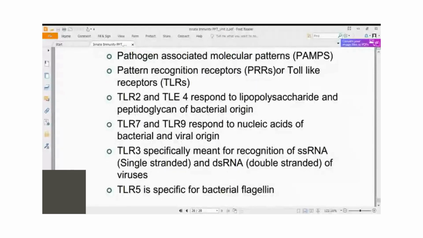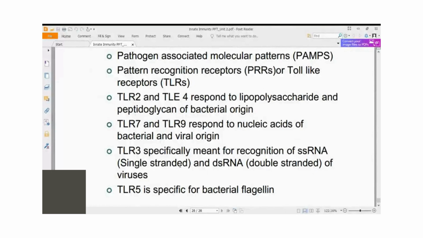There are single-stranded RNA viruses, and there are double-stranded RNA viruses also. TLR3 is meant specifically for recognition of single-stranded and double-stranded RNA of the viruses only, not of the bacteria.